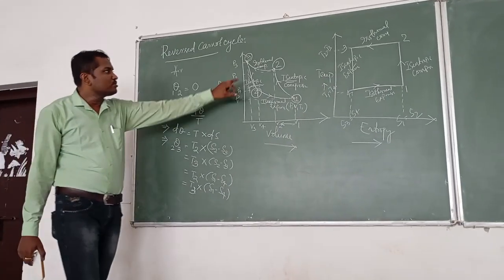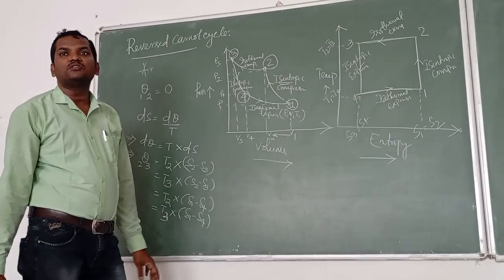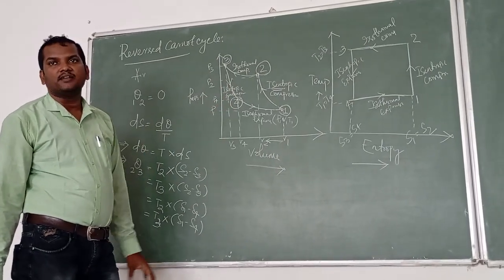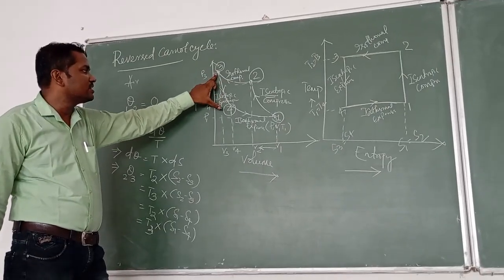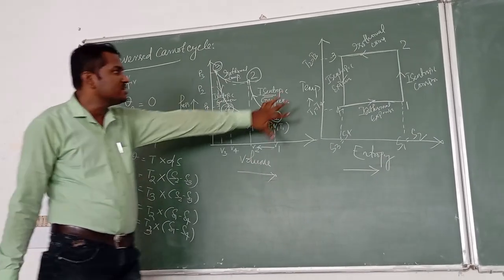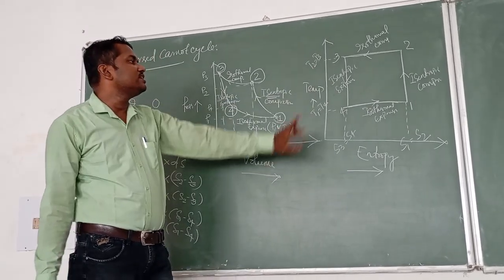Then another process is 3 to 4. After that, the air is again passed through an isentropic process. There is an expander. Expansion takes place. During the expansion, pressure decreases from P3 to P4. Temperature also decreases from T3 to T4.